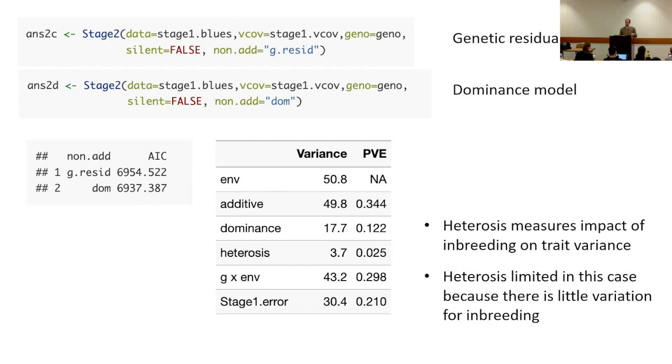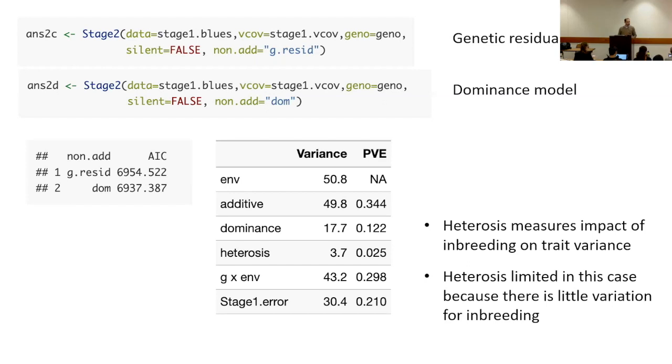And to make these numbers commensurate with how we normally talk about heritabilities, the variance associated with the main effect for environment is not included in the PVE column, even though I do show it in the variance column, just so you see it. But in this data set, the genomic heritability for the additive effects is about 34%.